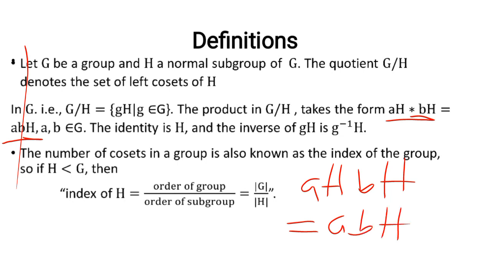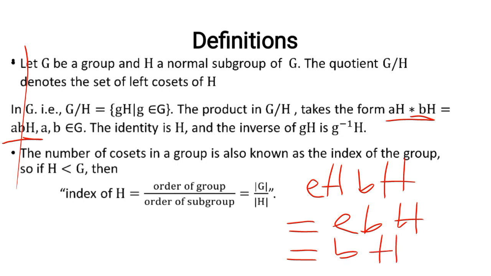So if my A were, say, the identity, because you know it's a group, if you put identity here, what do you get? Based on that product, it will be EBH. What is EB? You know E is identity, so it's just BH. So that's the product, okay?